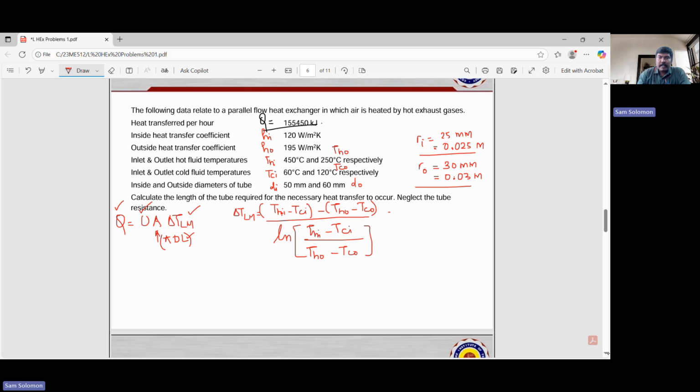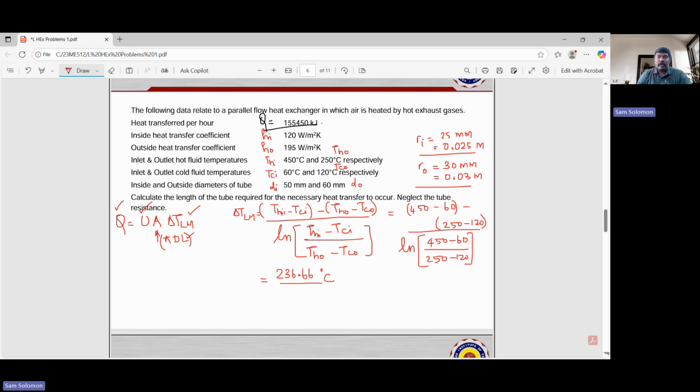If you substitute the values, this is going to be 450 minus 60 minus 250 minus 120, whole divided by ln of 450 minus 60 divided by 250 minus 120. On calculating, you will be getting a value in degree centigrade. So let's see what value is given in your textbook, which is 236.66.